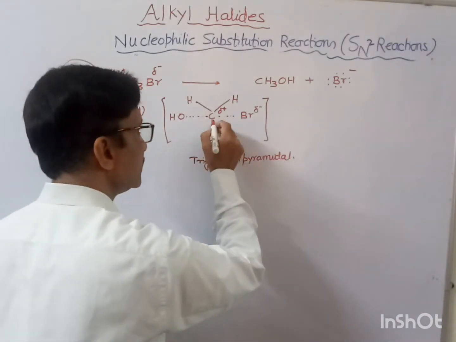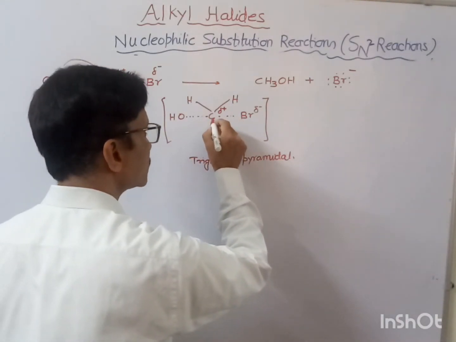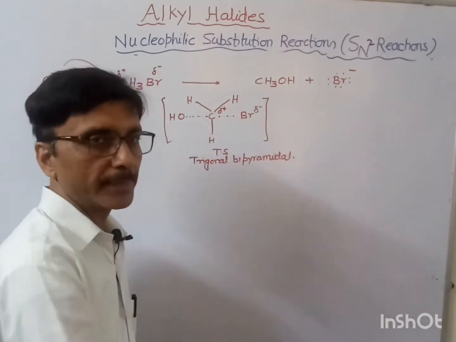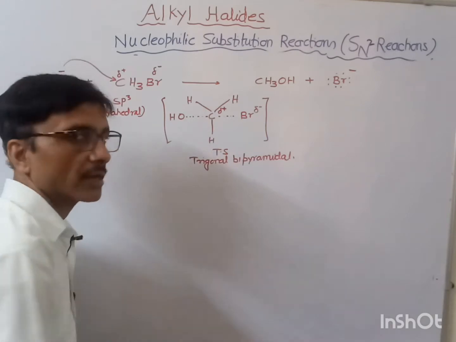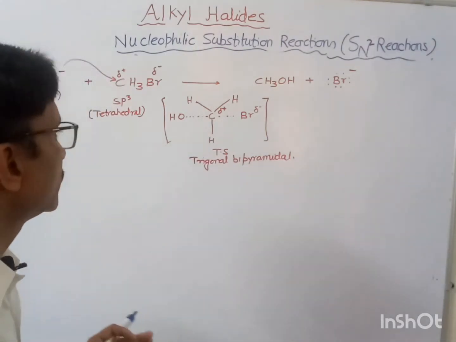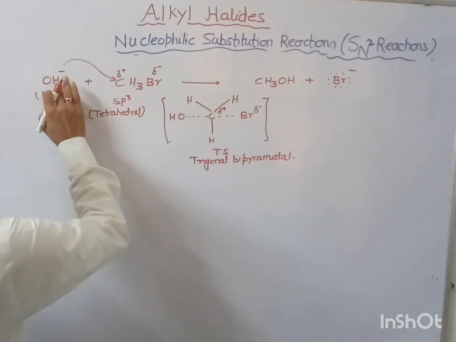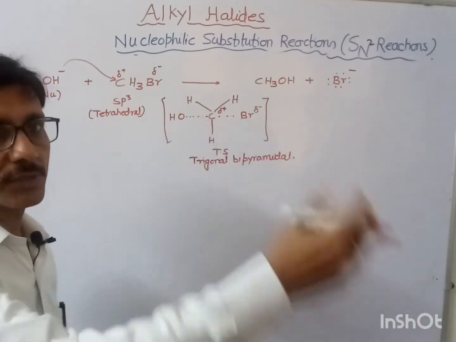When the bond between this carbon and this bromine completely breaks, the bond between this carbon and the hydroxide ion is formed. The attack of the hydroxide ion takes place from the back side.